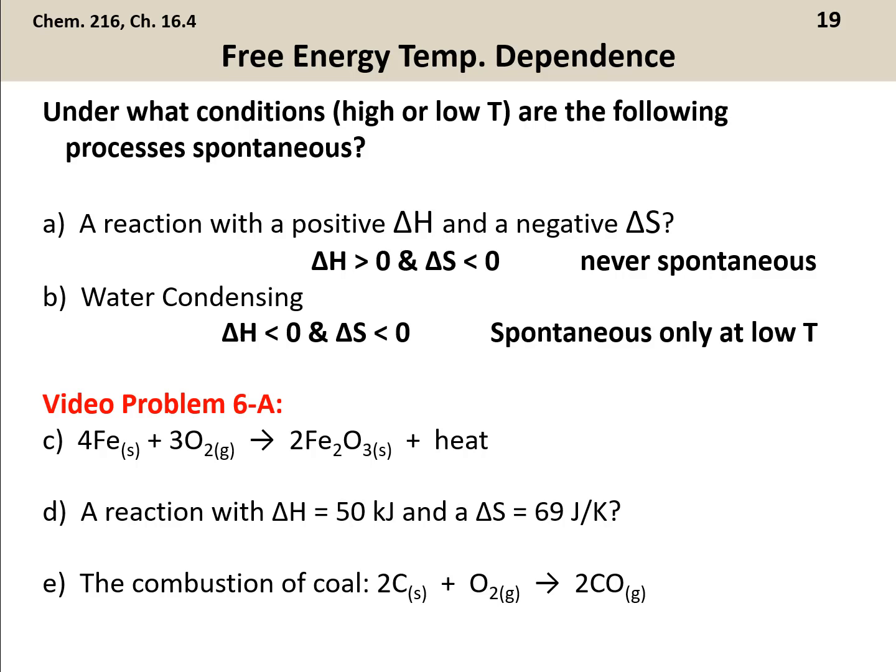We can figure out delta S from this. You need to think, I'm combusting coal, so what does that mean my delta H is? So come back, do that, and we'll discuss it later.